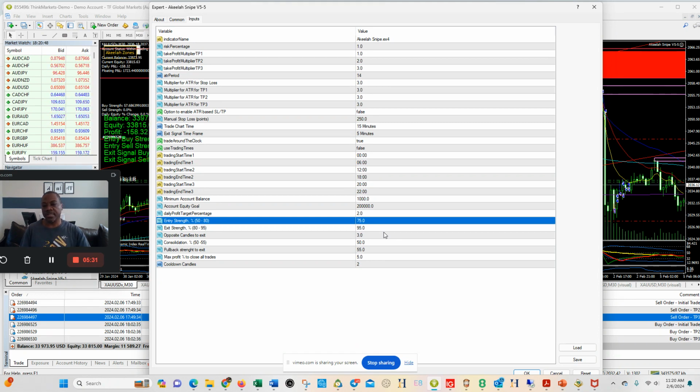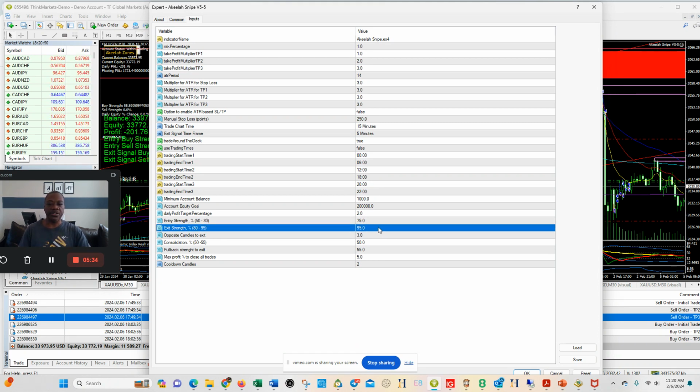My exit strength signal is set to a high number. If the market is pushing in my direction and I see the trade is moving the way we want, we don't want to wait until the market starts to reverse to get out of that trade. So this strategy is looking at that lower time frame. If I'm already in a buy, for example, and the market starts to push up, I'm in profit, and the lower time frame below that is kind of peaking out, buy strength is getting close to 100.